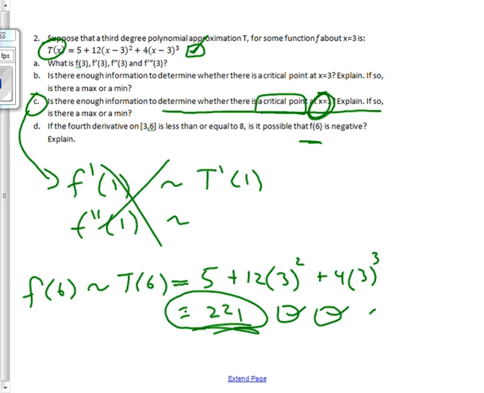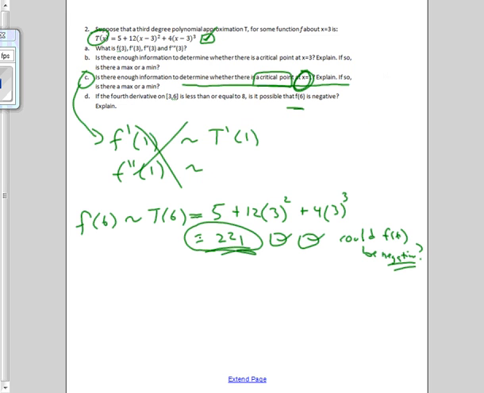Because this number's so big, is it possible that f of 6 is negative? If it were negative, that would be an enormous error. So that brings up error. We need to find the error, so we're going to use our equation for the error from a Taylor approximation.